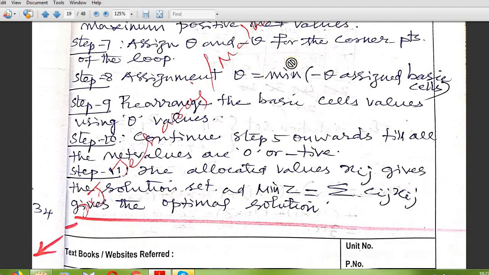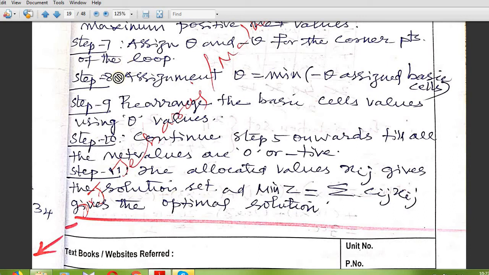Then we have to assign theta and minus theta to the corner points of the loop, starting from the starting cell: theta, minus theta, theta, minus theta for the corner cells. That is step number 7.